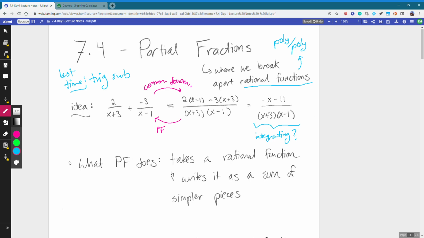But over on the left, written as a sum of these kind of simpler pieces, this is something that we can actually integrate just piece by piece.